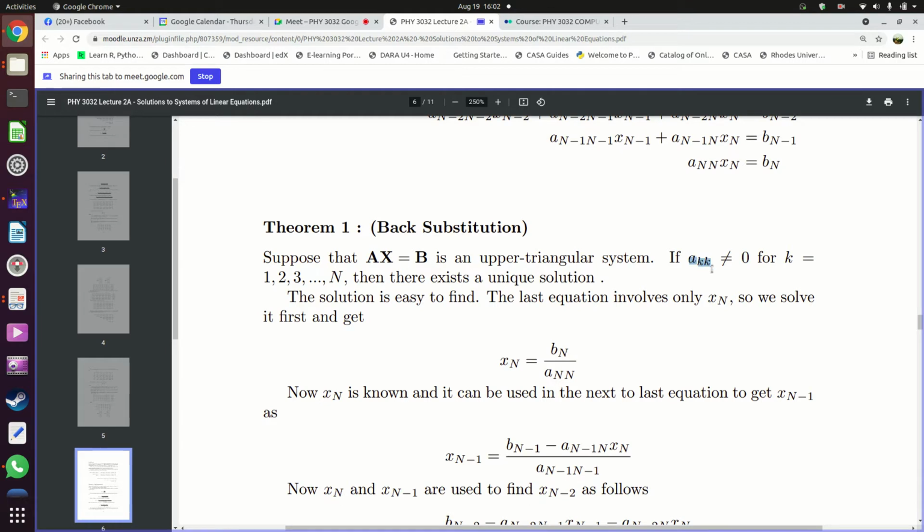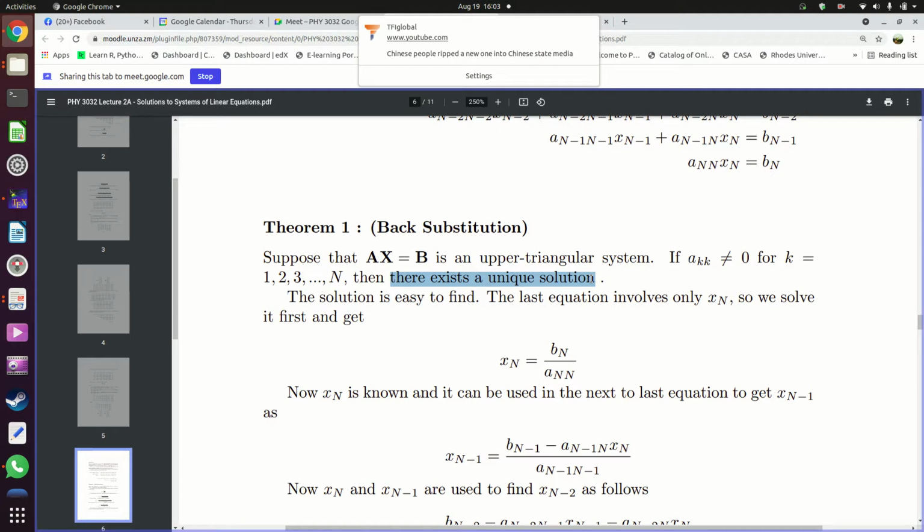So assuming you have a triangular system, you write it as a matrix equation Ax equals B. Then, if all your diagonal elements, the elements whose row number is equal to the column number, are not equal to 0, there exists a unique solution to your linear system, and you can find this solution using back substitution.